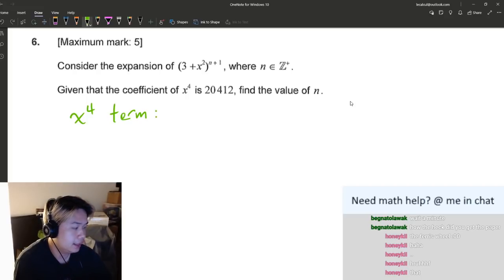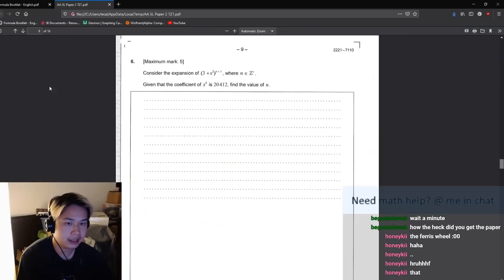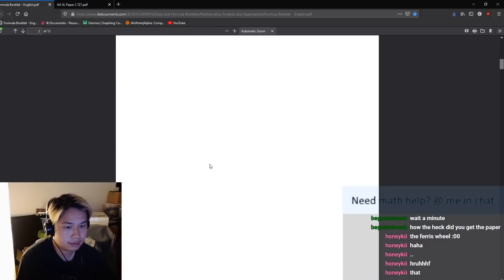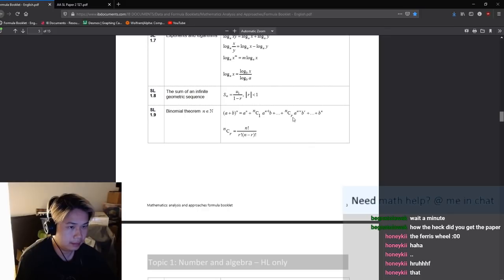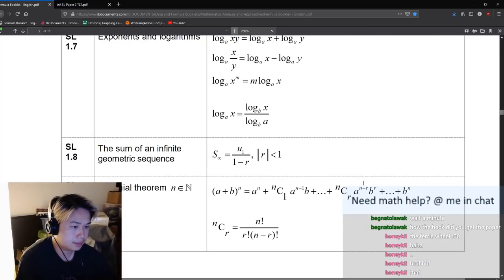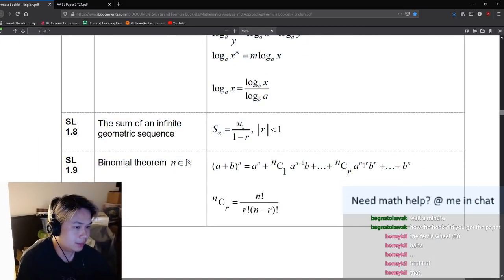Okay, so we know that the x to the power 4 term can be written from your formula book as this right here. Let me zoom in. So right in the middle, this part is the general term.